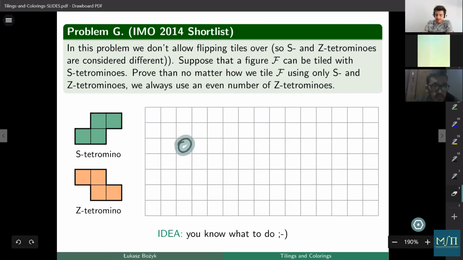Another observation would be that, look, if we color a 2x2 square somehow, I don't care, for example, like this for now, then we are able to extend this coloring of only 4 cells to the entire plane, right?